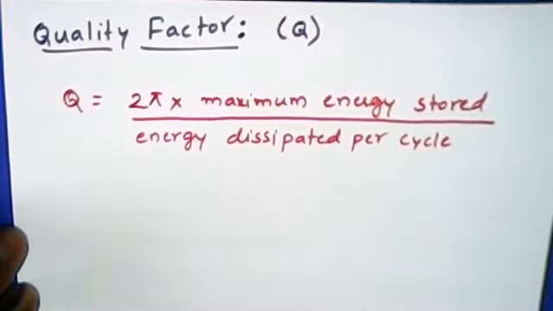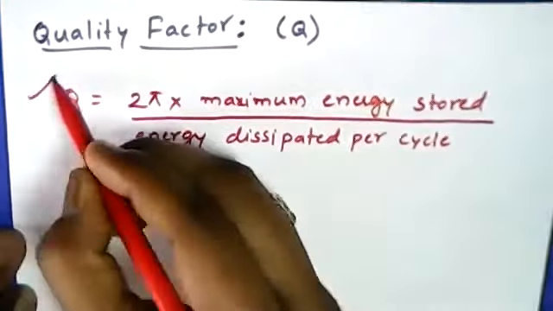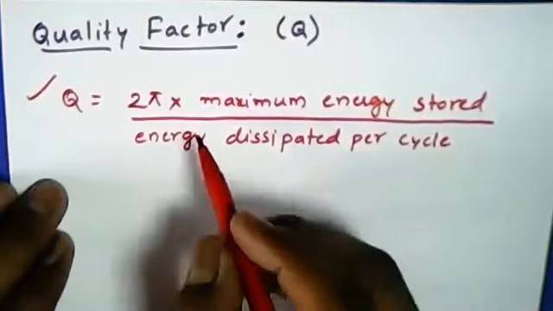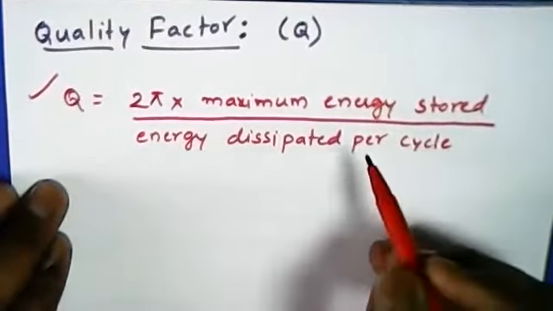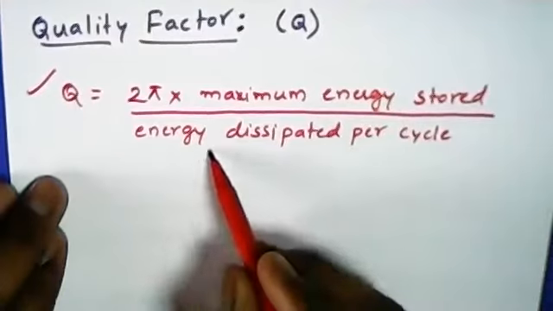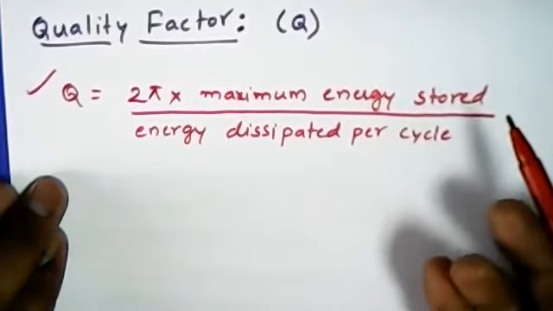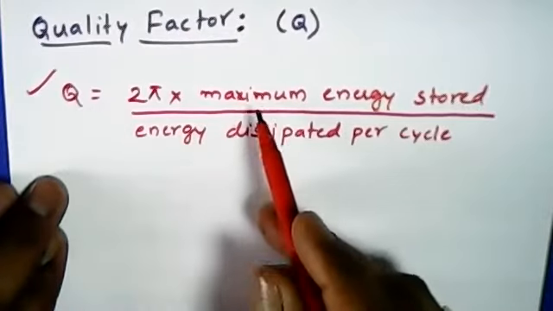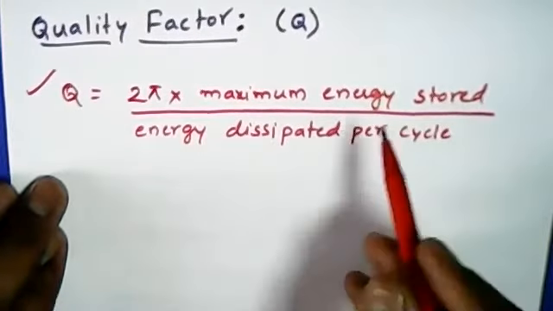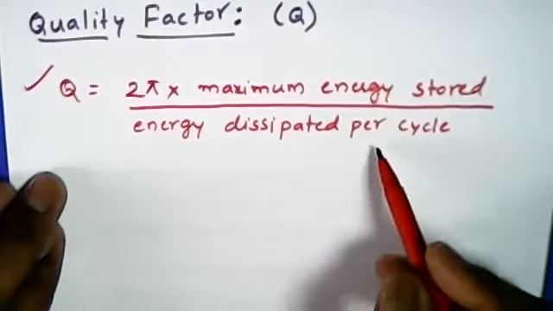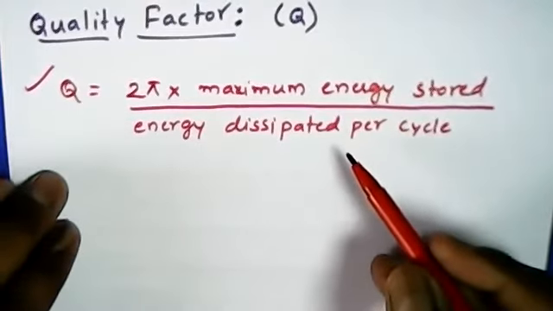Energy dissipated per cycle. This particular formula or definition measures the quality factor. If the energy dissipated is less, then usually the quality factor will have a higher value. So it depends upon the energy dissipation in the cavity resonator.